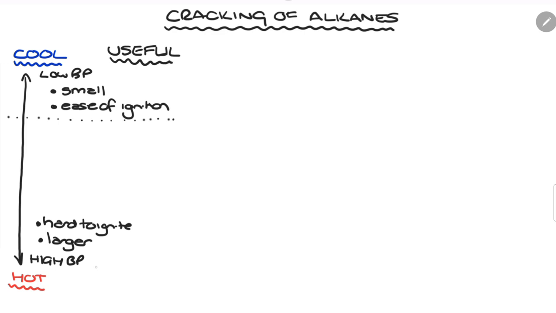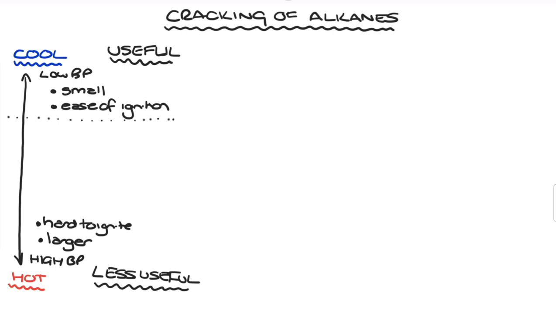The ones down towards the bottom of the column are less useful as a fuel, partly because they're harder to ignite. That's not to say they don't have a use. Some of these higher fuels are used in the shipping industry and in the air industry. Aeroplanes use these larger fuels because sometimes we generate more energy from a larger molecule.